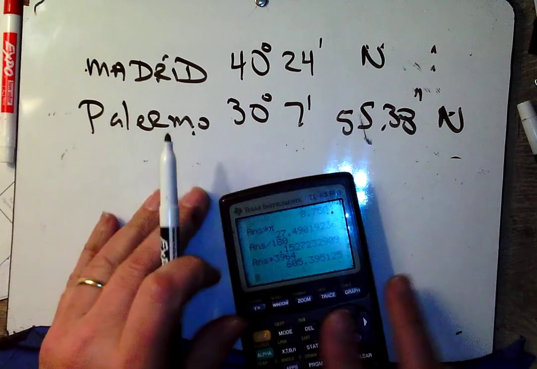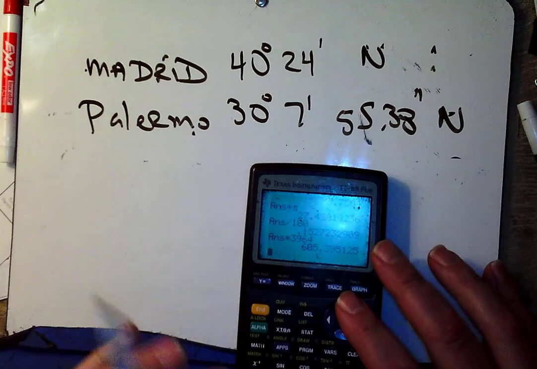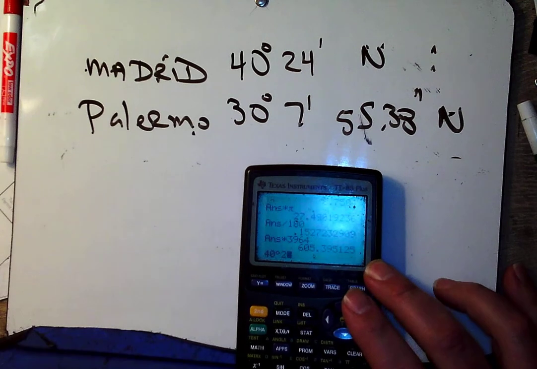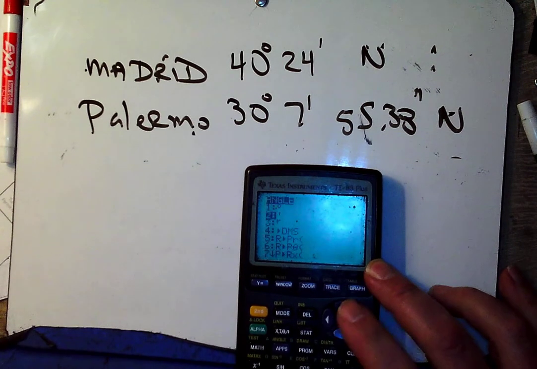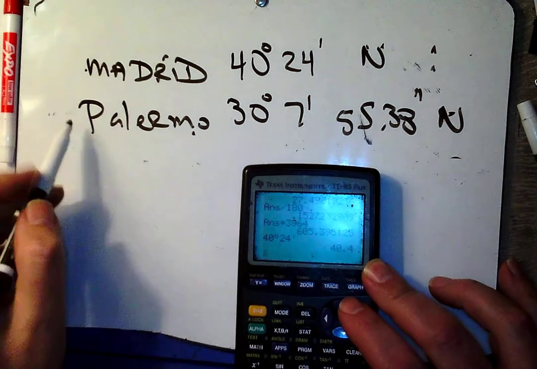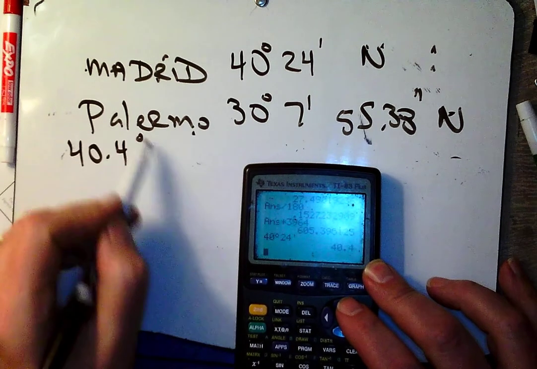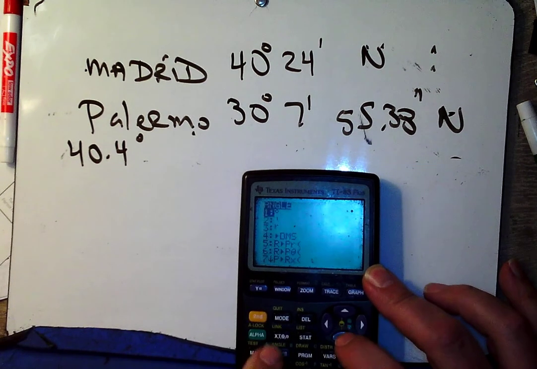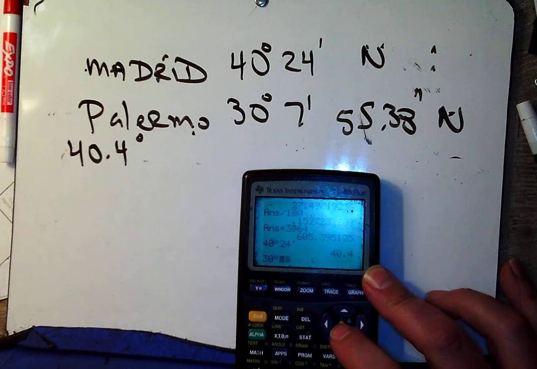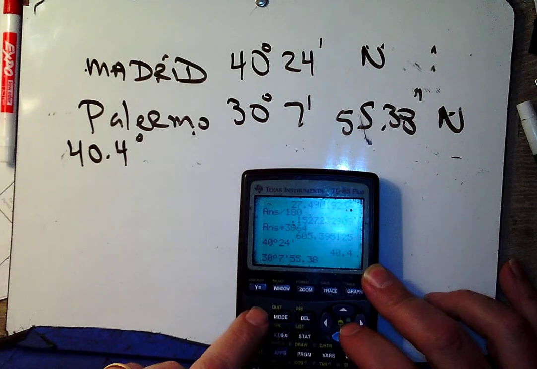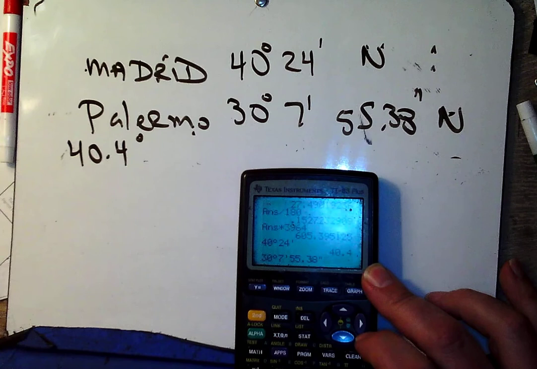So instead, I'm going to decimalize each of these. I've got 40 degrees and 24 minutes. And so that is 40.4 degrees. Now Palermo, 30 degrees, 7 minutes, and 55.38 seconds.